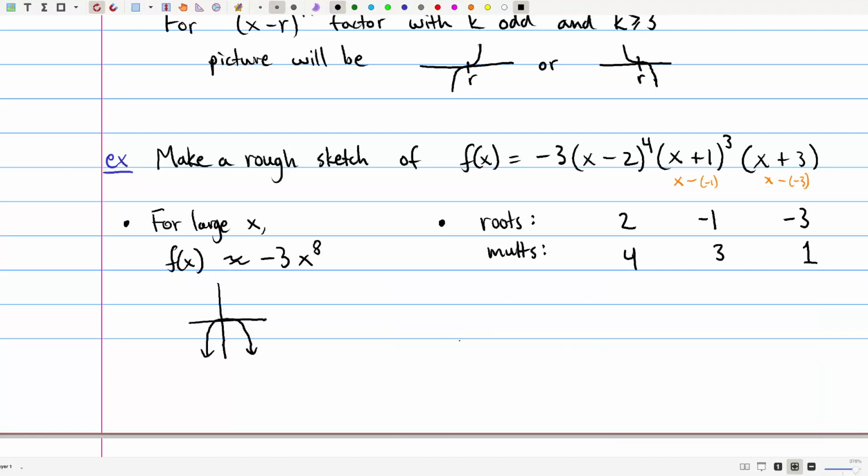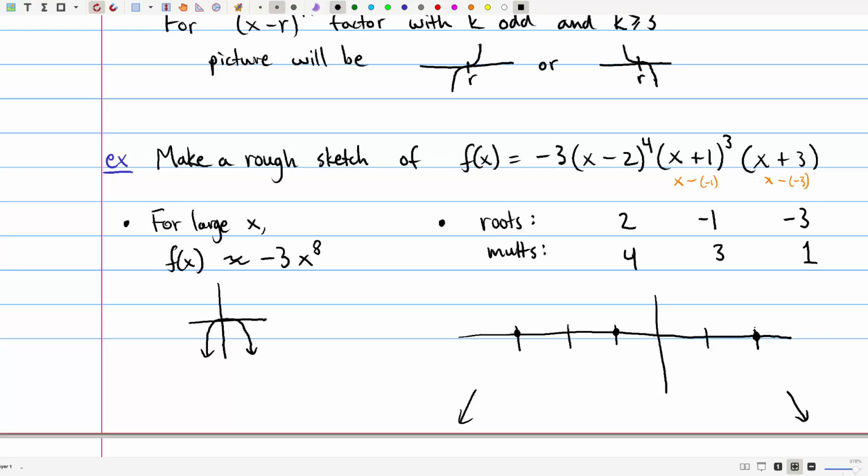We've got our x-axis. We know we need to put roots at 2, minus 1, and minus 3. So let's give ourselves a bit of space. 1, 2, there's a root there. Minus 1, there's a root there. Minus 2, minus 3. What we know is that for large x, it's negative 3x to the 8. So it's going to look something like this as we go away from the x-axis.